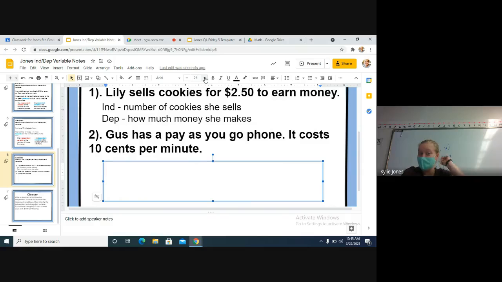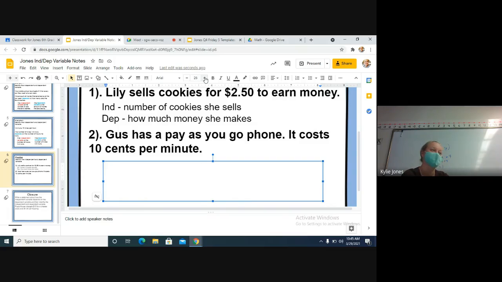So, no, it's less than that. 50 cents? Yeah. 50 cents for 5 minutes on the phone. So does the amount of money that you pay depend on how long you talk, or does how long you talk depend on how much money you spend?